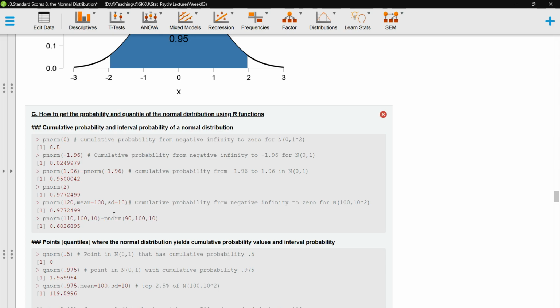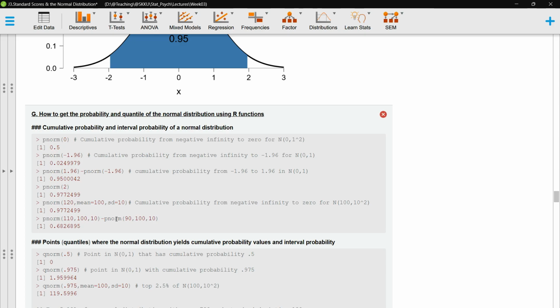And then subtract the cumulative probability for the same normal distribution up to the point of 90, and this will give us the cumulative probability for the specific interval, from -1 standard deviation to the +1 standard deviation.